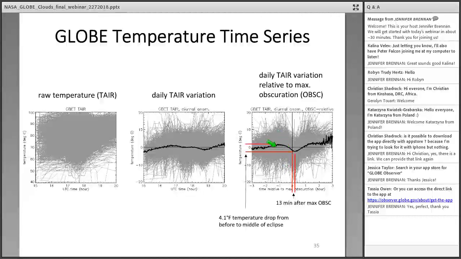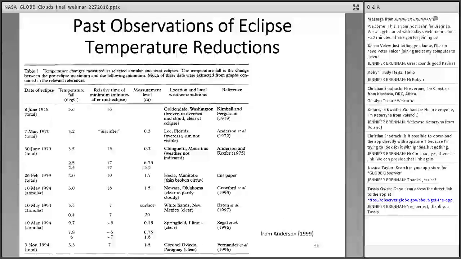If we do that, we can see that the citizen scientists observed a significant decrease in temperature shortly after the time of maximum obscuration. For all observers, the temperature decrease averaged 4.1 degrees Fahrenheit, which occurred about 13 minutes after the time of maximum obscuration, or after totality for people in the path.